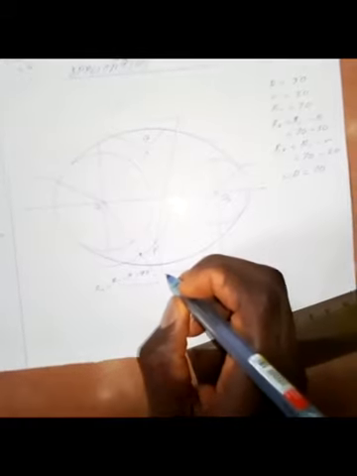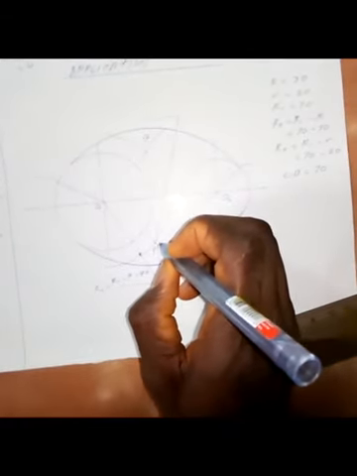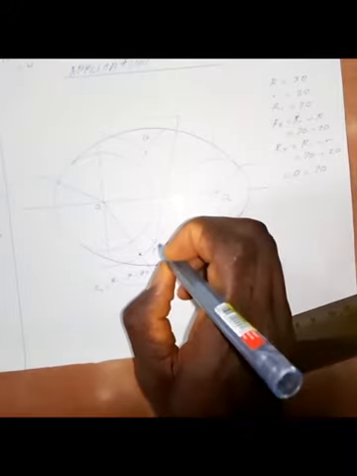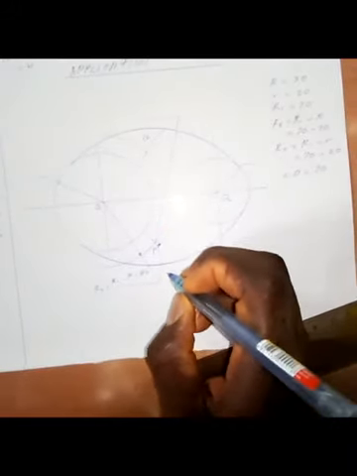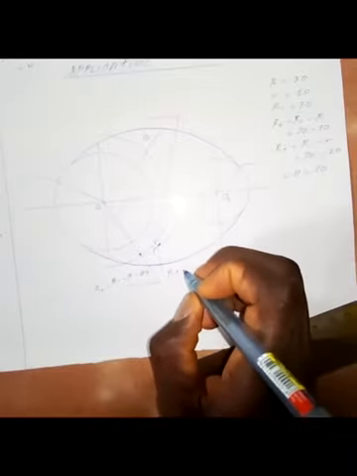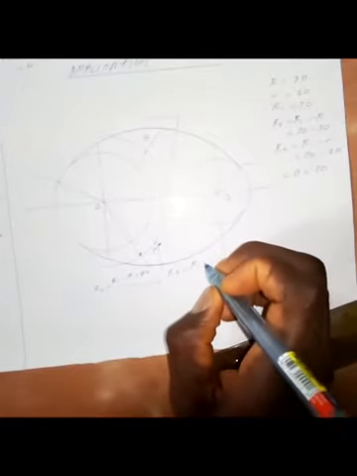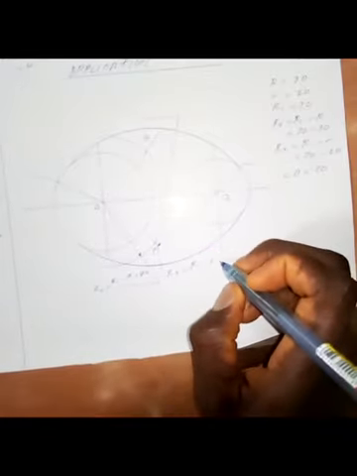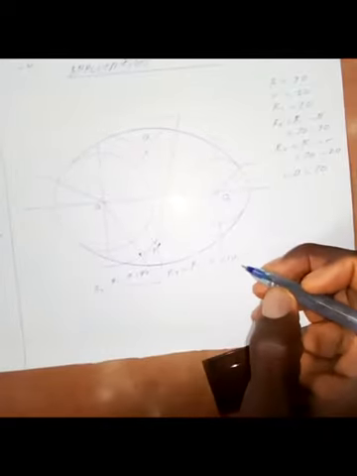And for this one, from the center to this point, this is R3, which is equal to R1 minus the radius of the small circle, and this is equal to 50.